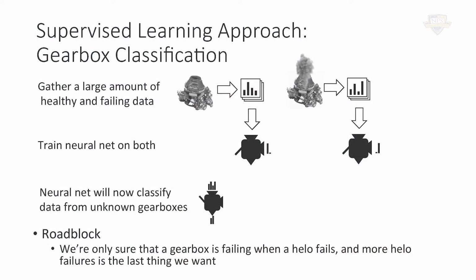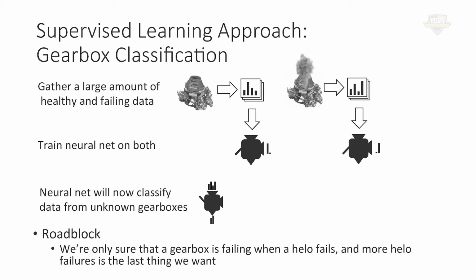We were working from the vibration spectrum of the gearbox, a bunch of numbers that represented what kind of vibrations the gearbox was making, and the goal is to predict failure. This is an unsupervised learning talk, but for a moment, let's consider solving the problem in a supervised manner. This is theoretically possible.